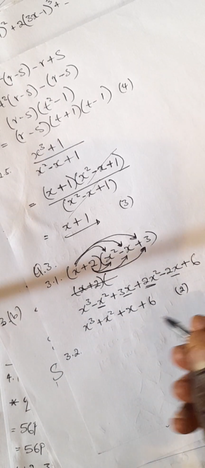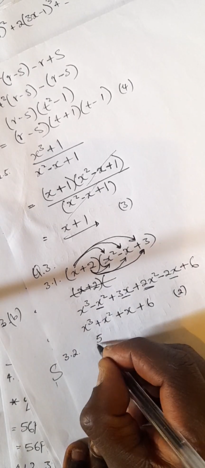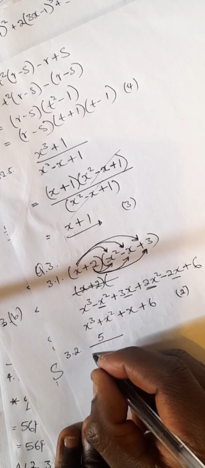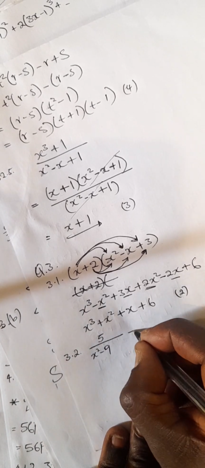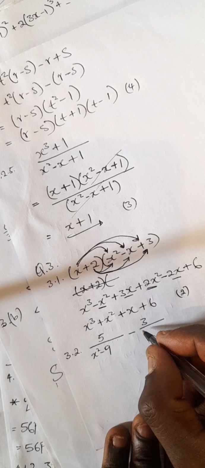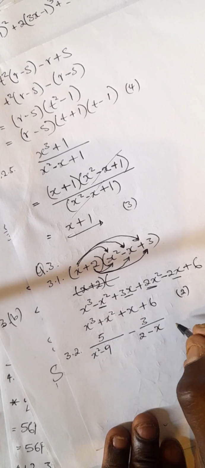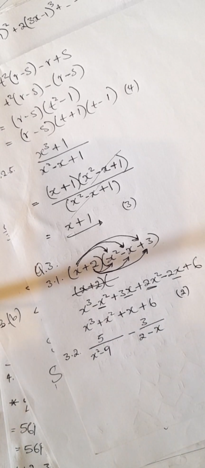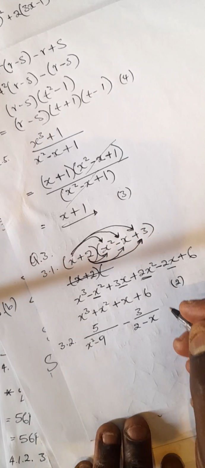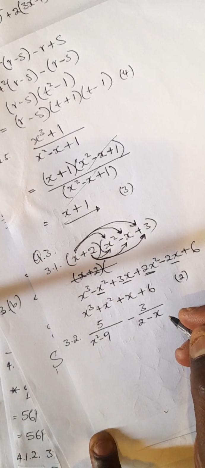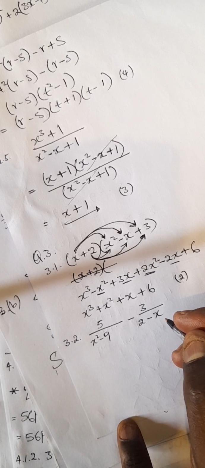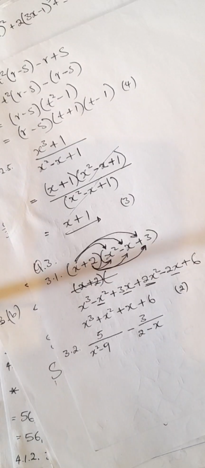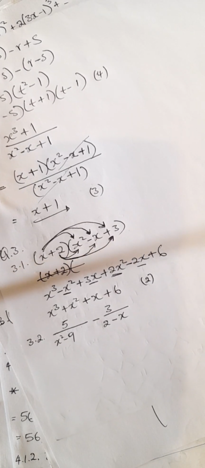3.2 says 5 divided by x squared minus 9 minus 3 divided by 2 minus x. Okay, for 3 marks, 3.2.